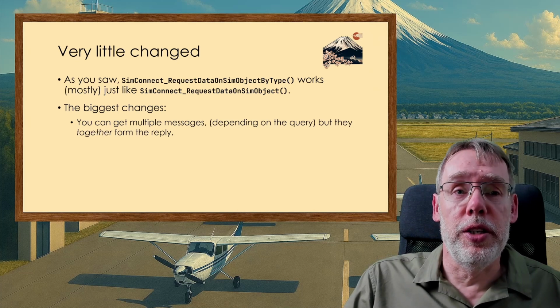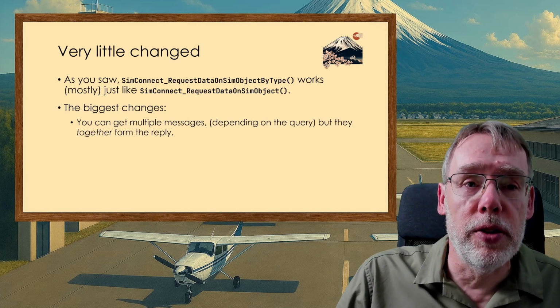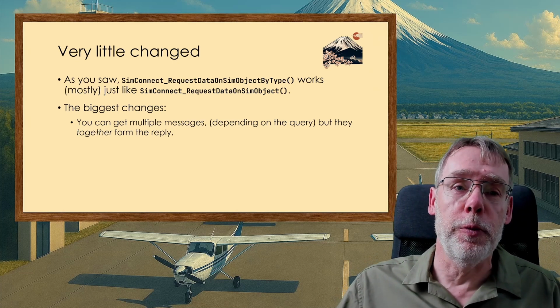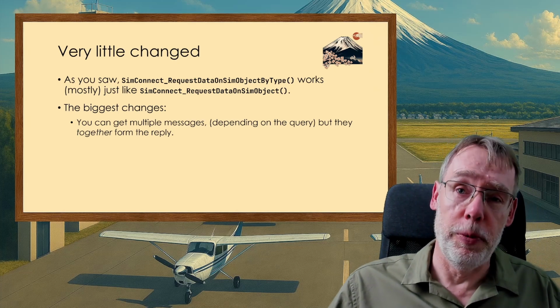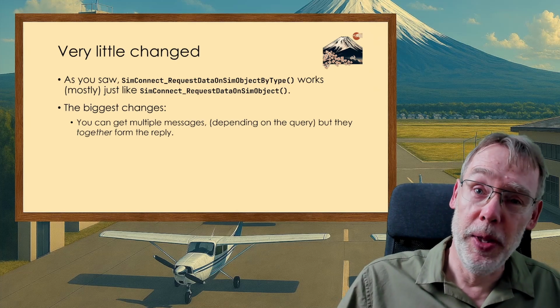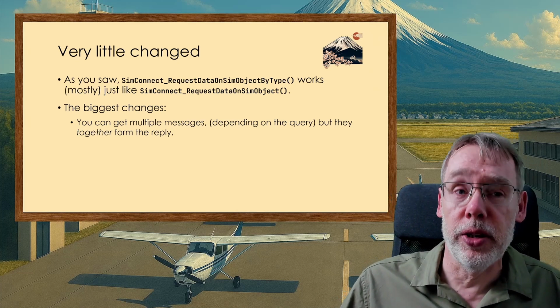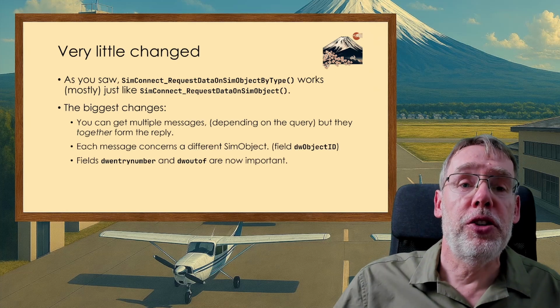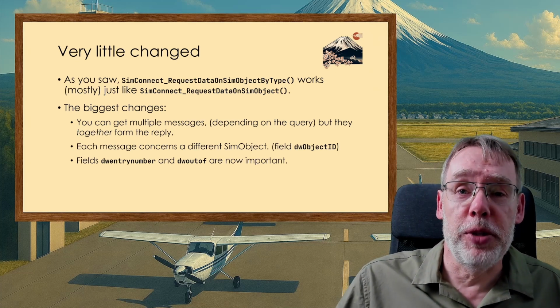First of all, the change that we need to take into account: even though it is one result, we get multiple messages depending on the query. But those messages together form the single reply. Each message concerns a different sim object.